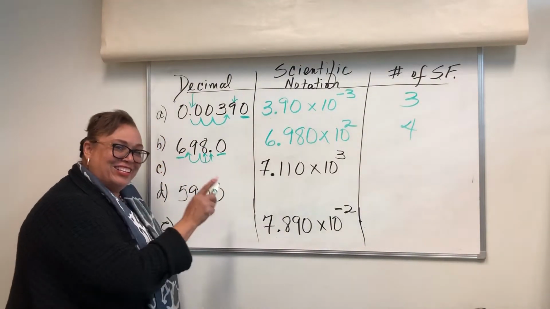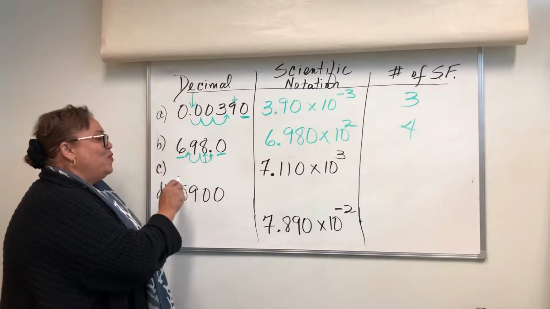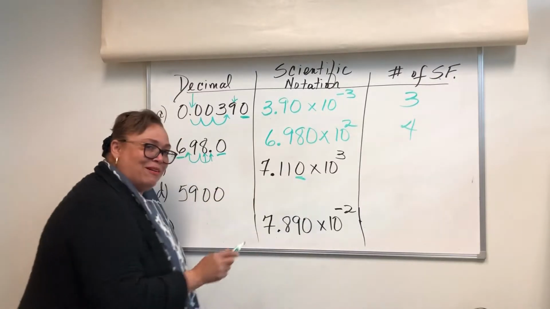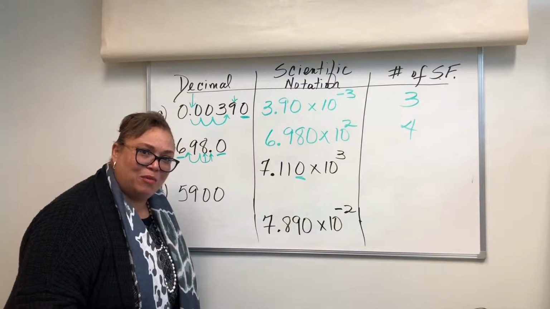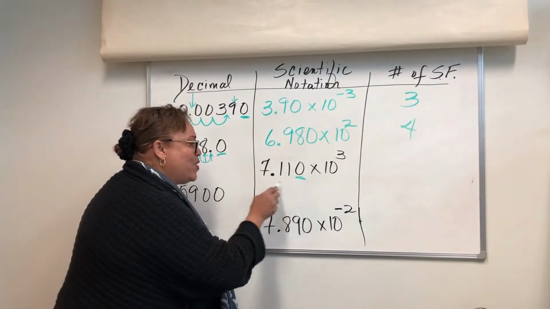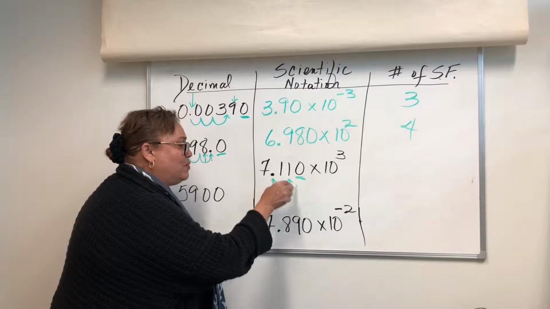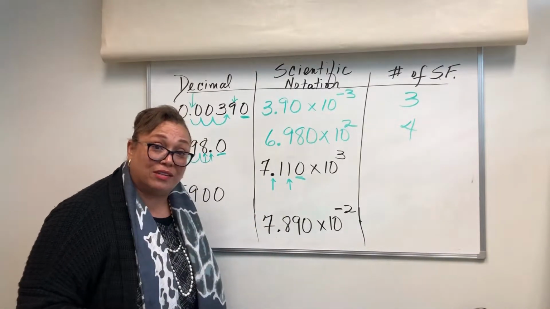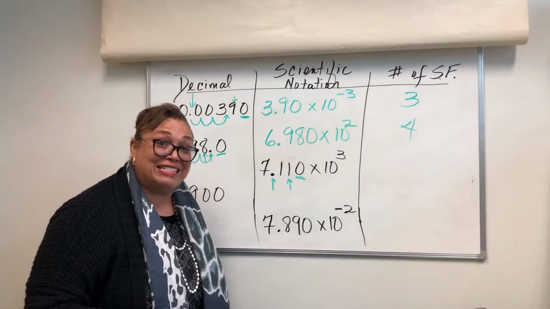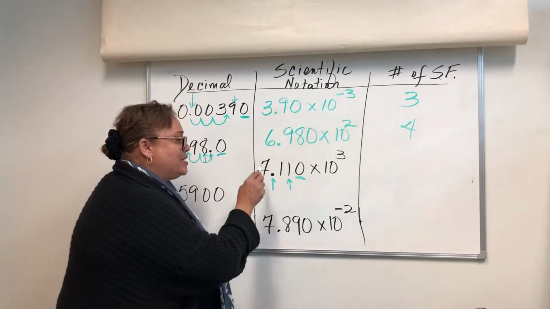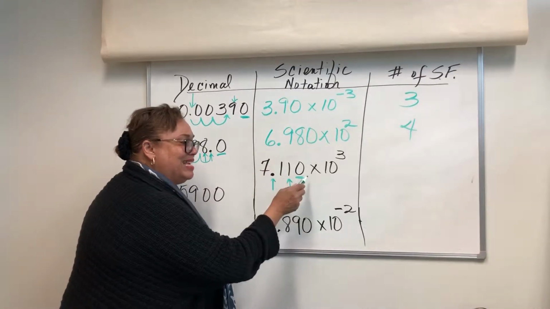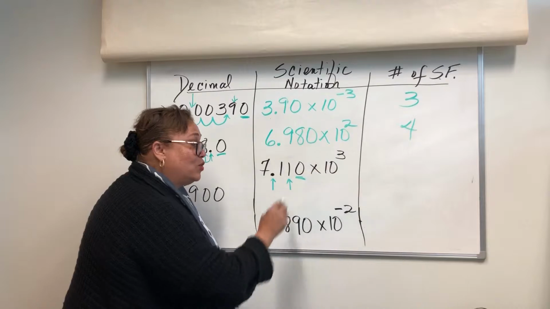All right, now let's look at the third one here. We have another 0. I think you see a theme going on here. This 0 is after the decimal point, after the sig fig. It is also significant. So let's put this in decimal form: 7.110 times 10 to the third.